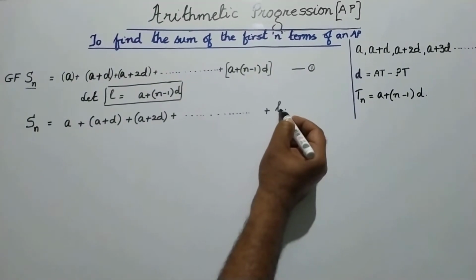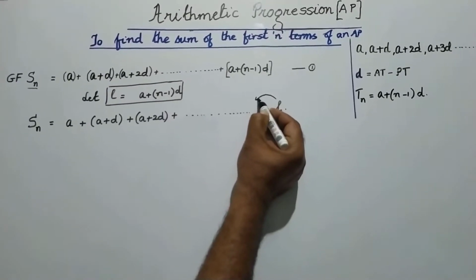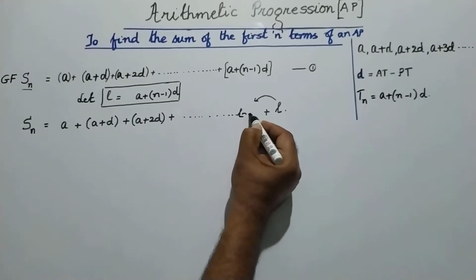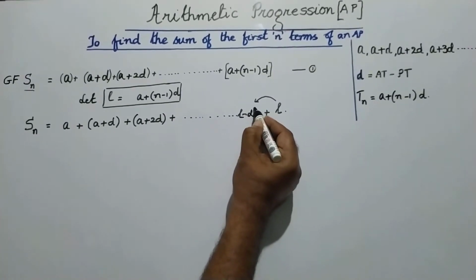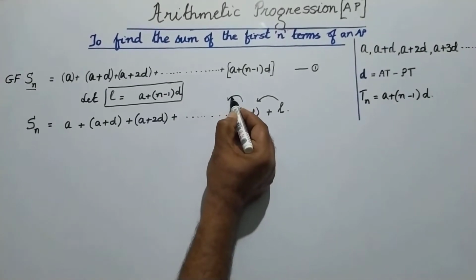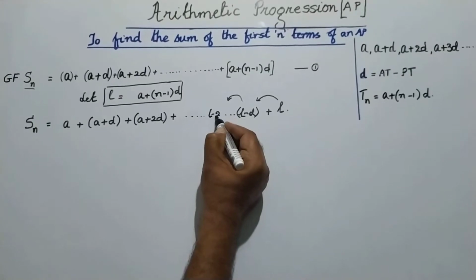When the nth term is L, the previous term will be L minus D, and the previous term to L minus D is L minus 2D.